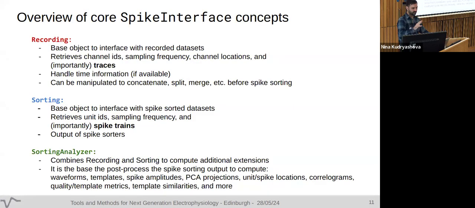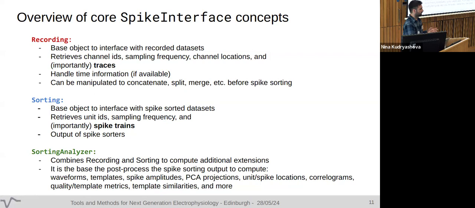But before we start, let me give you the three main core concepts and objects in SpikeInterface. The first, that I mentioned before as well, is the recording object. The recording object is the base object that interfaces with the extracellular raw traces, right? So it allows you to retrieve all the relevant information that we need for spike sorting, post-processing, visualization and so on, such as the channel IDs, the sampling frequency, and the channel locations, and this is very important for high density probes.